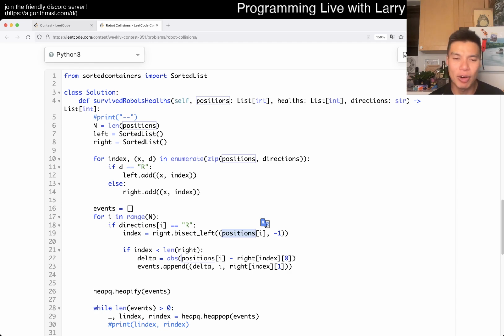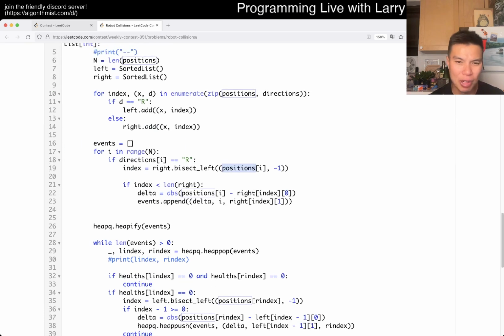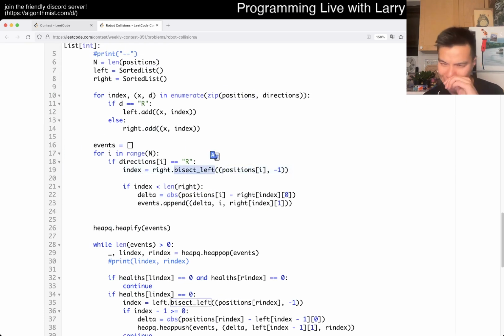Because all the positions are unique, I don't have to worry about bisect left or bisect right. So it's a little bit sloppy, but that's the reason why. And if a match is found, good; the opposite being that if it is way off and not matching anything, then don't worry about it.